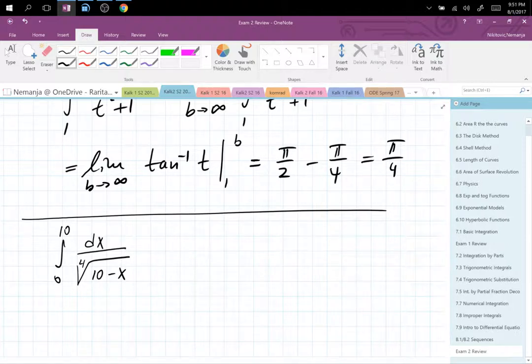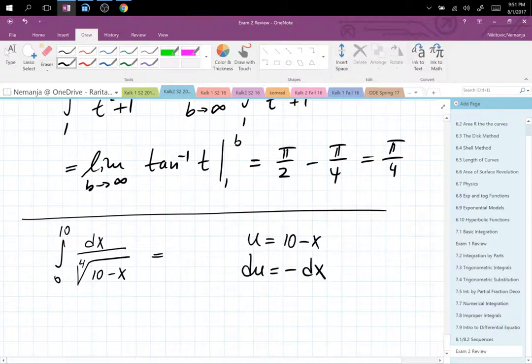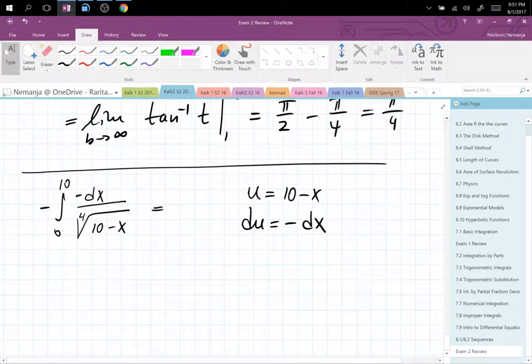We see that we can use basic u-sub, right? But the issue is at 10. So I'm going to use u-sub: u equals 10 minus x, du is negative dx. Hit this with the negative, and then that will change the limits.